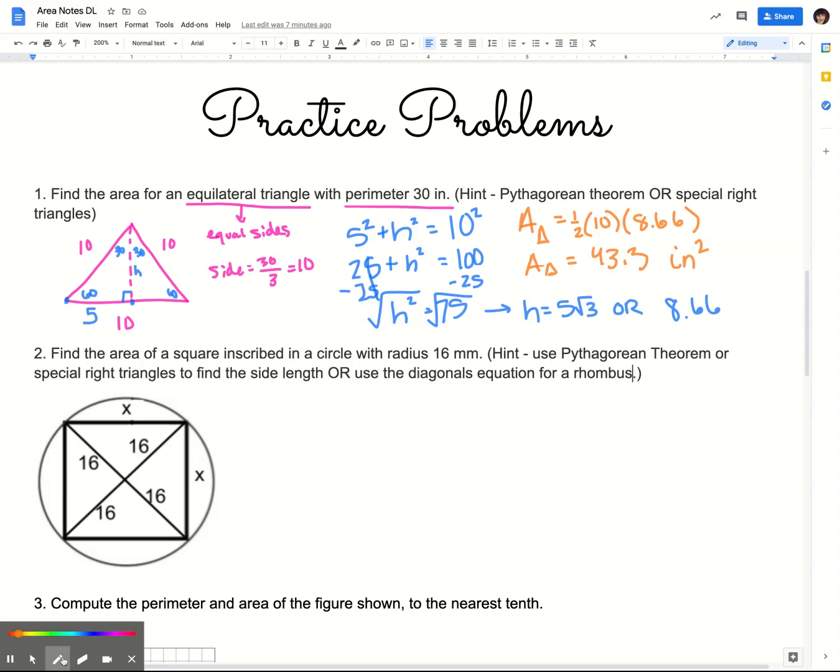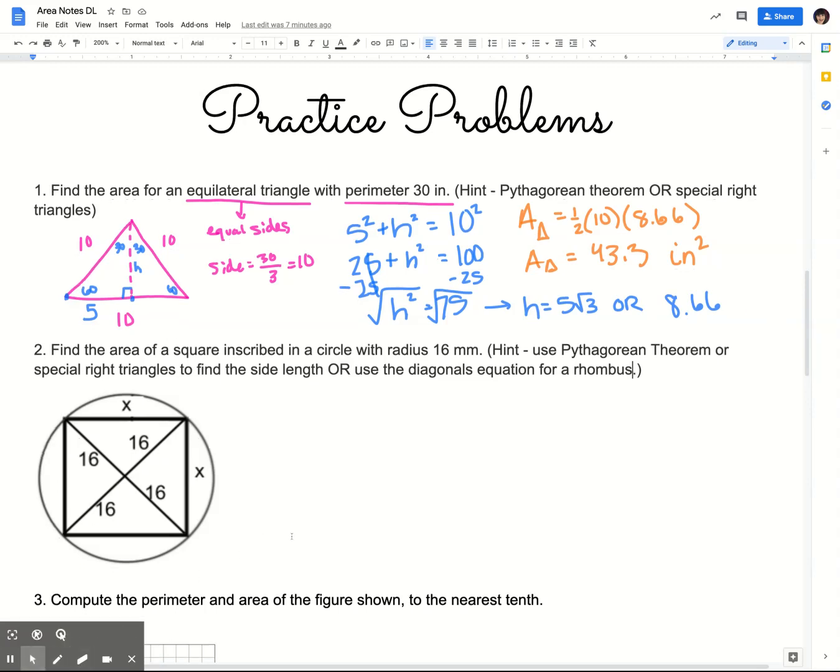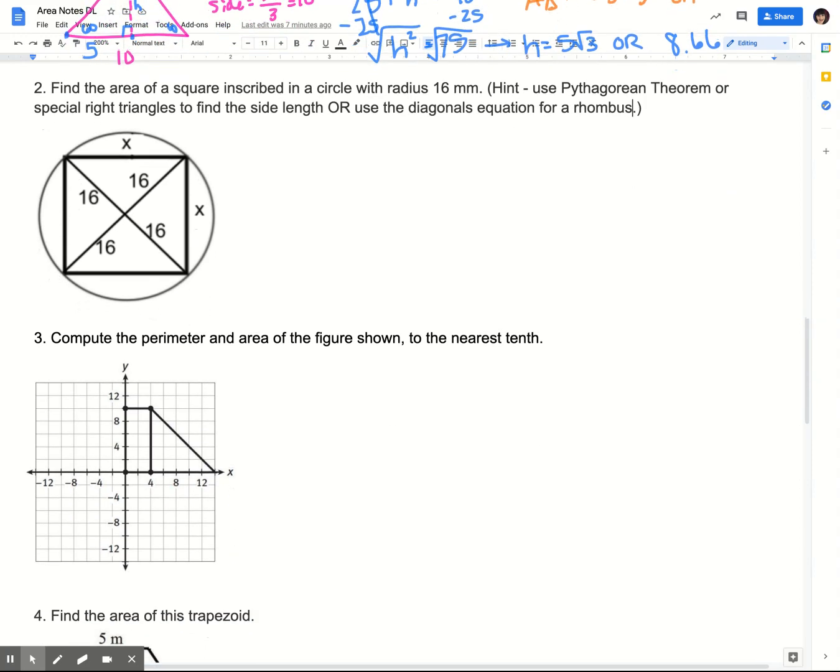All right, let's take a look at number 2, which says to find the area of this square, this square that is inscribed in a circle that has a radius of 16 millimeters.